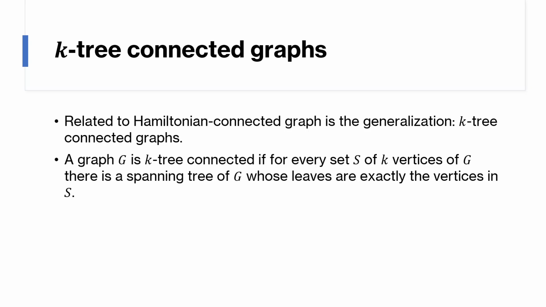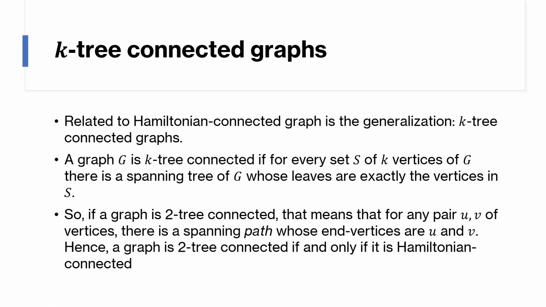A graph is said to be K-tree connected if for every set S of K vertices of G, there is a spanning tree of G whose leaves are exactly the vertices in S. So, for example, if a graph is two-tree connected, that means for every set of two vertices of the graph, there is a spanning tree of G whose leaves are exactly those two vertices.